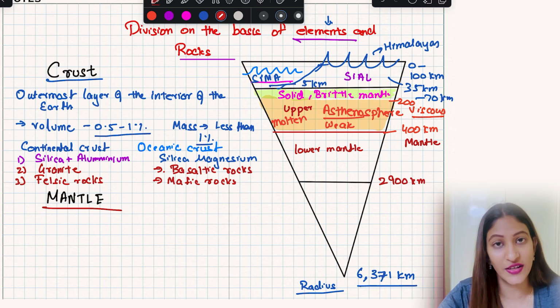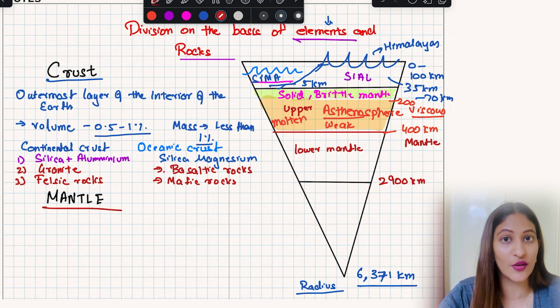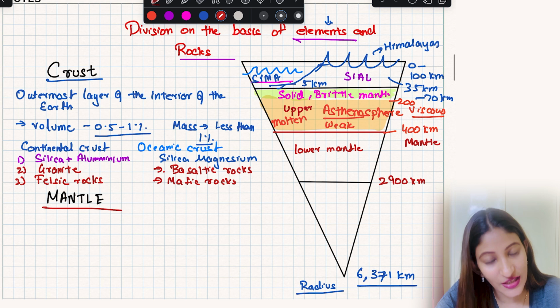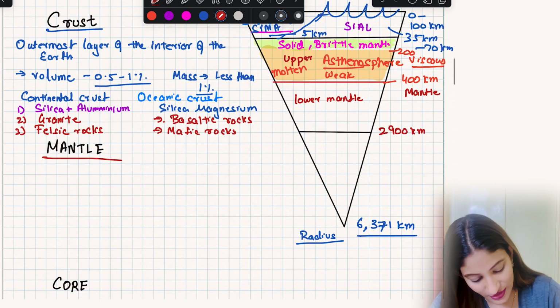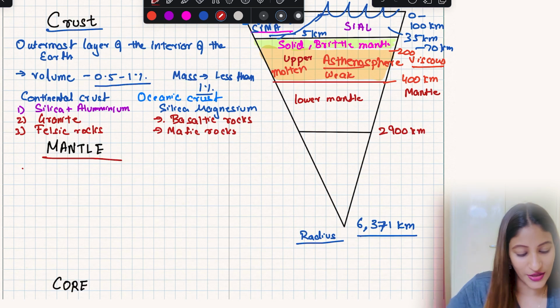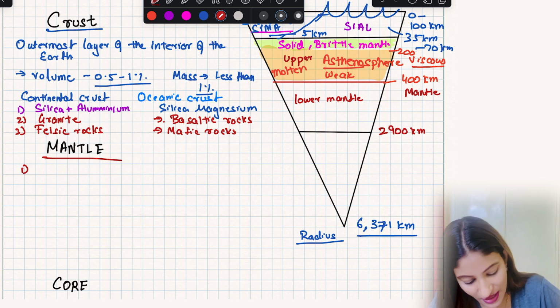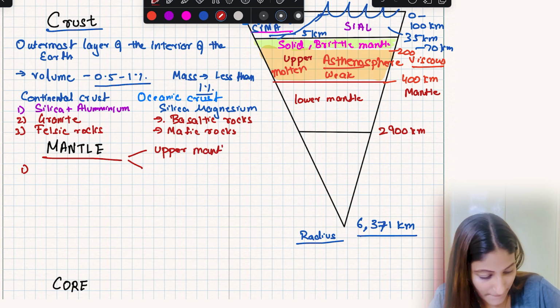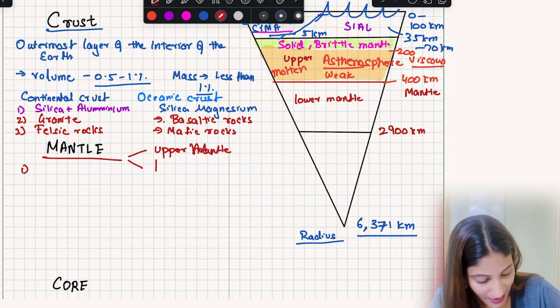That is why asthenosphere is going to be of special prominence when we talk about the tectonic activities of the earth. Alright. Now, this is a layer where convective currents rise. Alright. So, let's write down certain points about the first portion. Now, mantle is further divided into two parts, upper mantle and lower mantle.